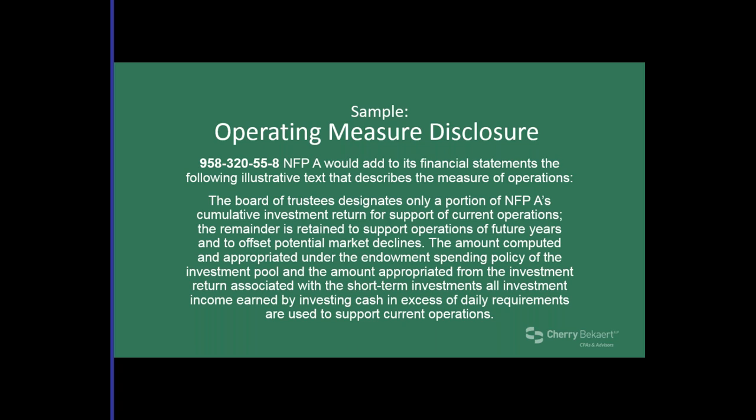For example, the example that we're looking at talks about how they use their investment returns for current operations and their methodology about that. So it just gives the reader more clarity on some of their processes and those transfers and overall just their methodology and how they come up with their operating measures. So it's going to just provide more information to the reader.